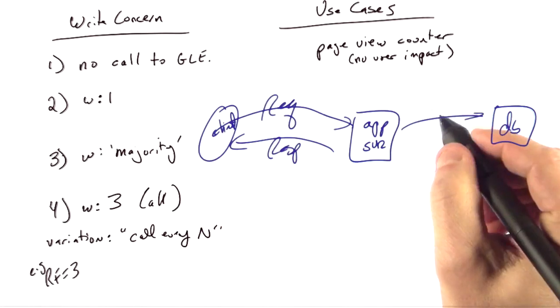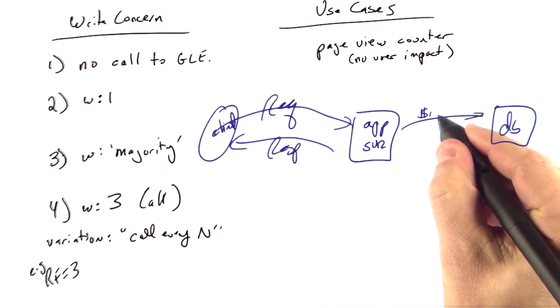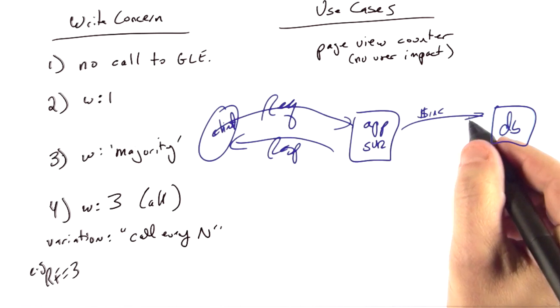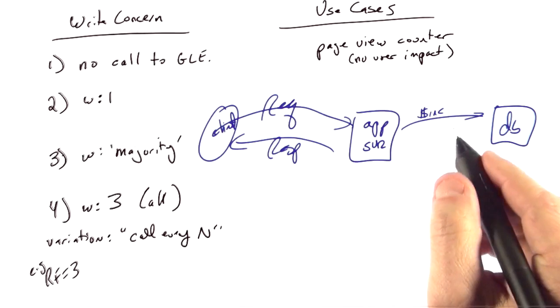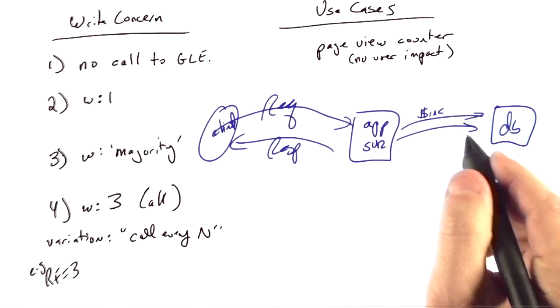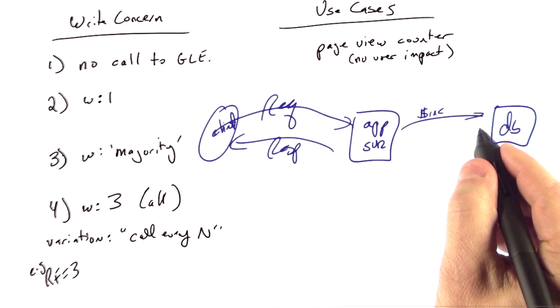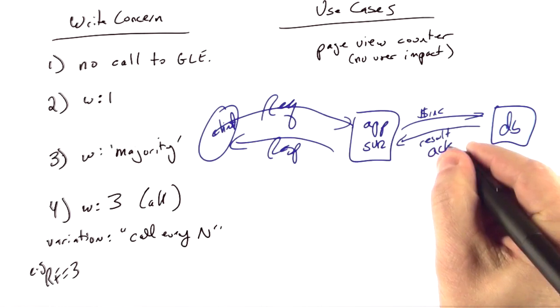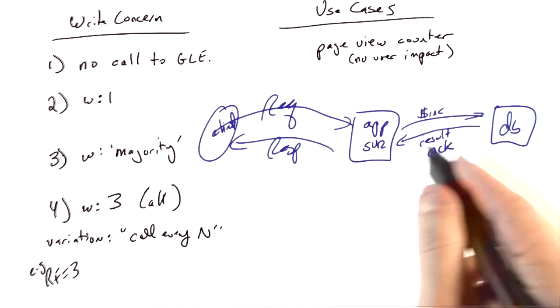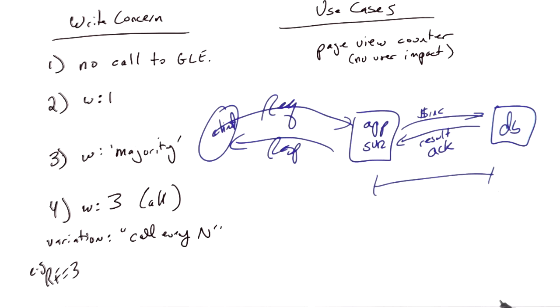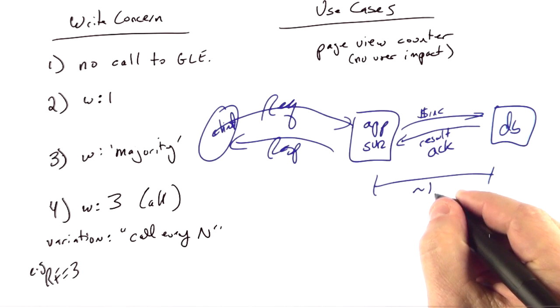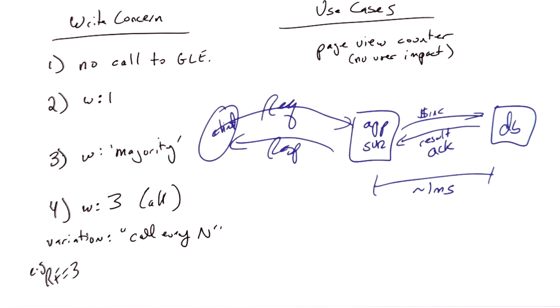Well, if we sent this increment of a counter, that's going to take almost no time if we don't wait for the response. But if we say, give me back that result, acknowledge it, that's going to take some time. If these are on the LAN, that round trip, even if the database is infinitely fast, could be on the order of 1 millisecond, for example.